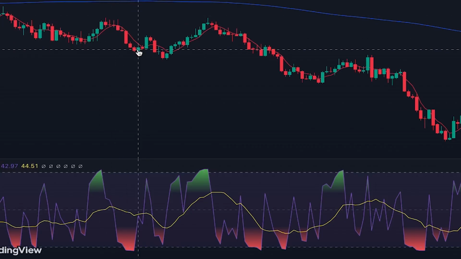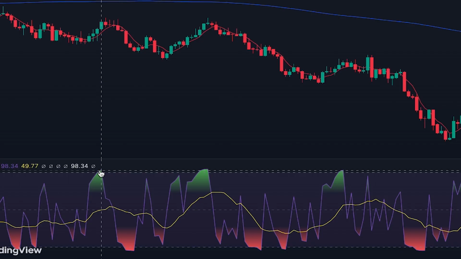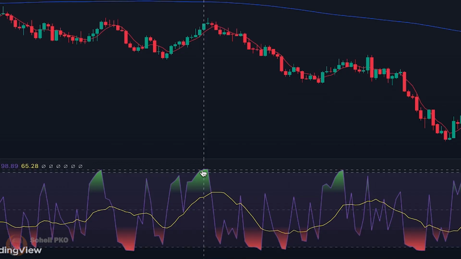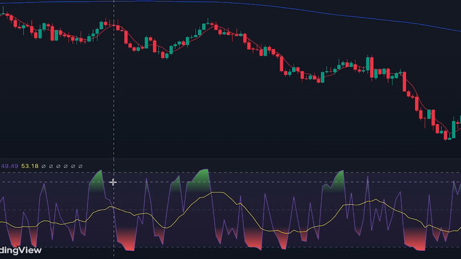Larry Connors suggested having RSI above 95 is enough for entering a trade, and he also doesn't recommend setting a stop loss in this strategy, but I recommend it's better to wait for RSI to go back and close below 95, because if you only rely on RSI being above 95, you can have RSI remain in that situation with the price advancing more and hitting your stop loss. So better to wait for RSI to close below 95.